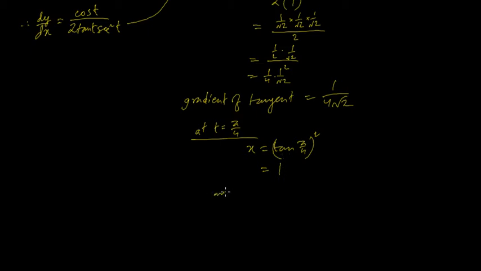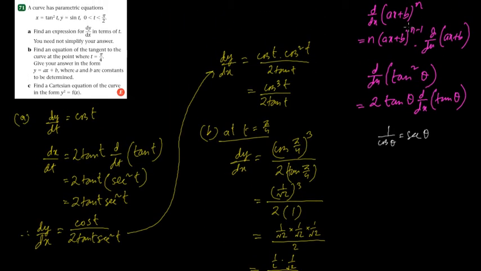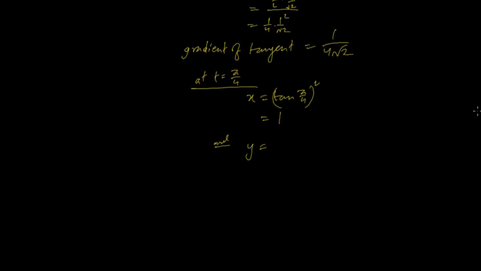And y, we have to take a look at y, is sine t. So sine pi by 4 means sine 45 degrees, 1 by square root of 2. So the point is 1 comma 1 by square root of 2.